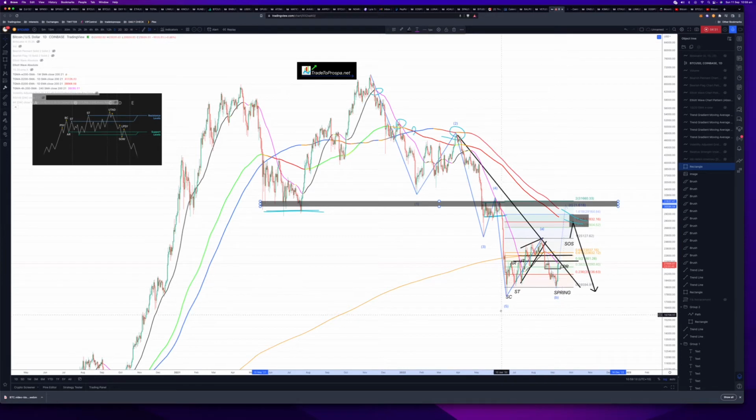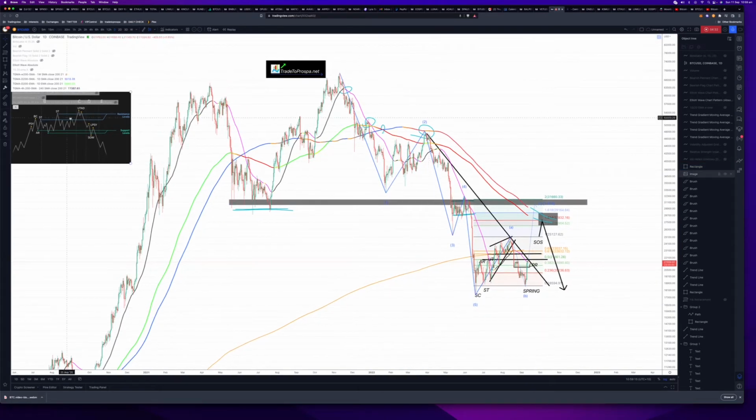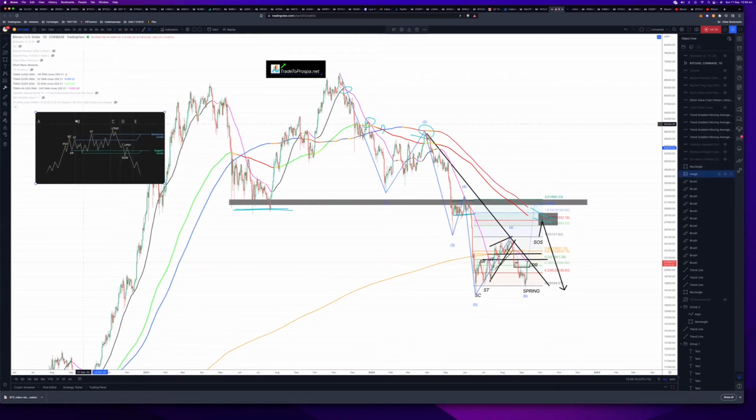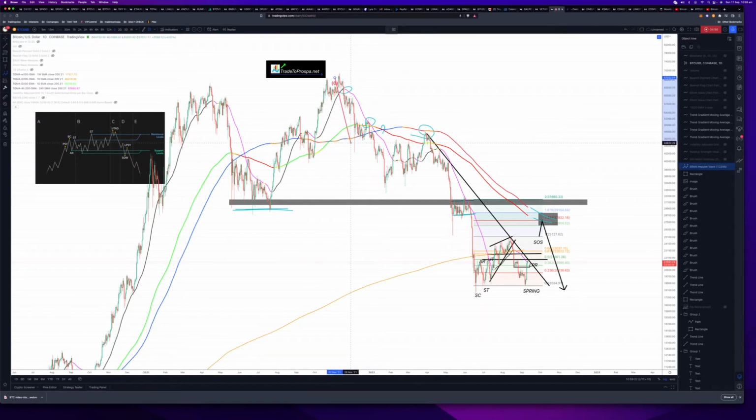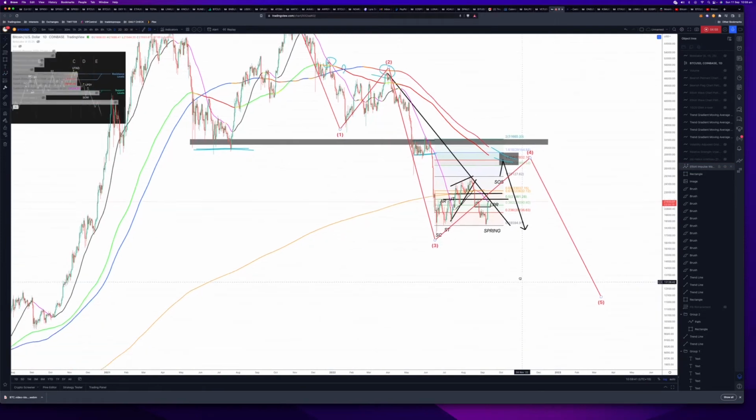It's not deep enough. So what I'm looking at now, based on some macro structure, knowing full well that there's high inflation and high interest rates, I am looking at this chart from a macro perspective: we have 1, 2, I believe this is 3 and 4, and then we're going to have 5 that goes further down.